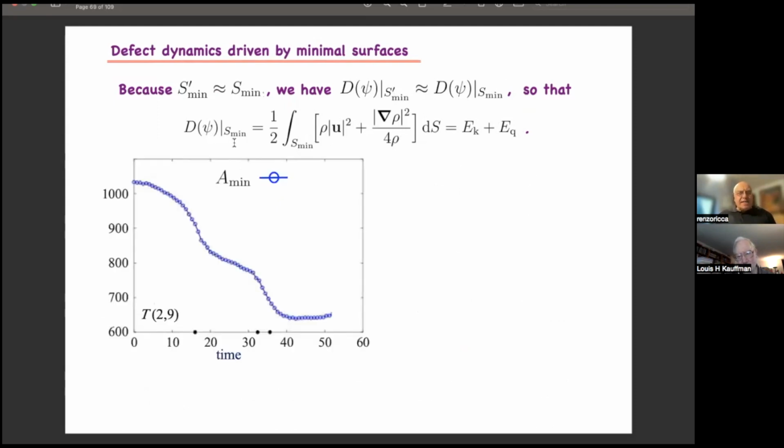Now, if we do that and run it in time, we can get several diagrams for all the topological types investigated. Here, I show you the 2-9 because it's the more complex knot. And for all the knots investigated, the minimum area diminishes almost monotonically, or you have to allow these jumps and this change in monotonicity just because it's the numerical evolution.